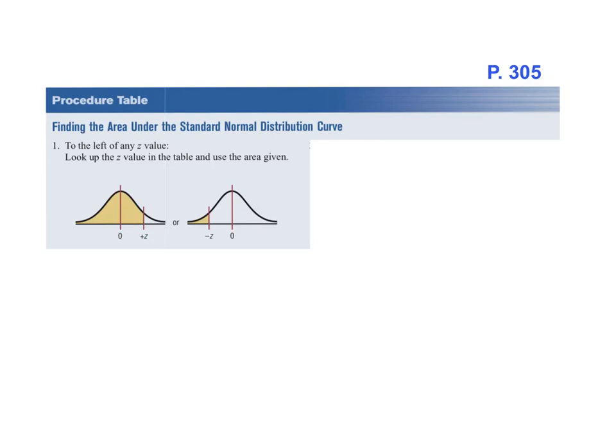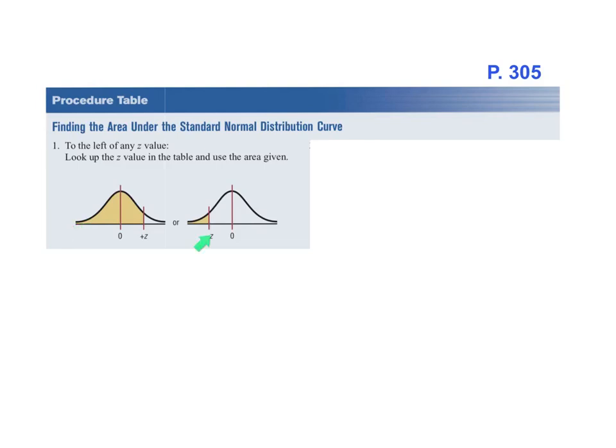So the key thing is, and this is true about your table E, and I'm going to show you how to use table E in a minute, the table E measures the area to the left of any given z-score. So for example, on these 2 pictures, if I were to look up this z-value, table E will tell me this area over here, all the area to the left of that z.